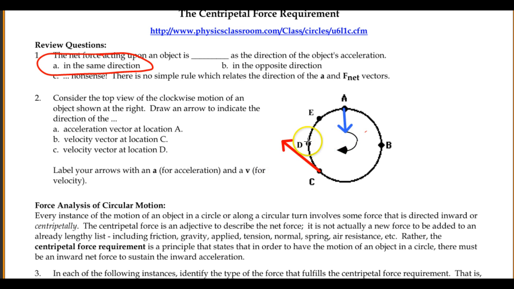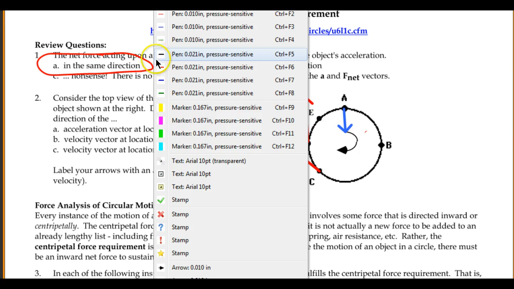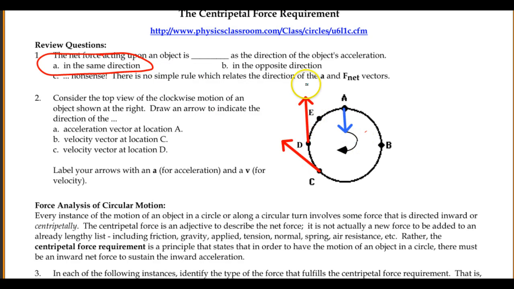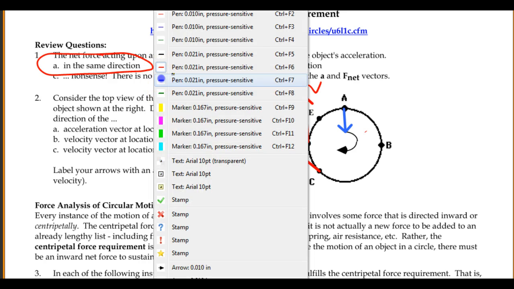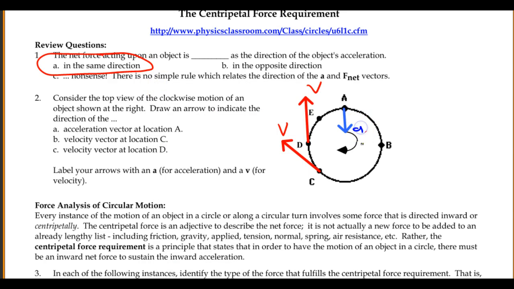The velocity vector at section D, again, it has to be tangent, so it's going to be straight up, as close to straight up as you can get there. So this is a velocity vector, this is a velocity vector, and the other one is an acceleration vector.